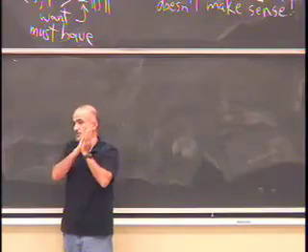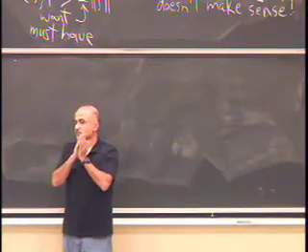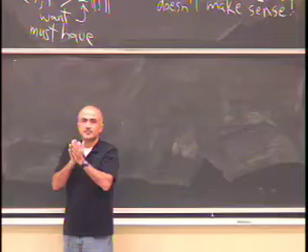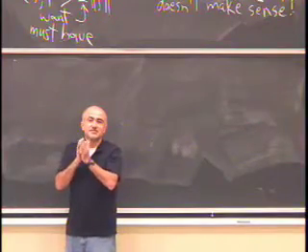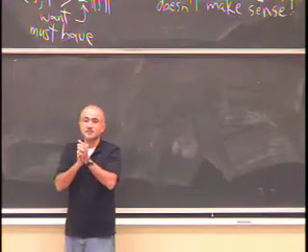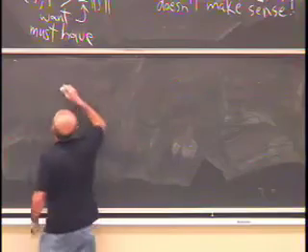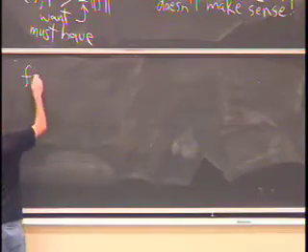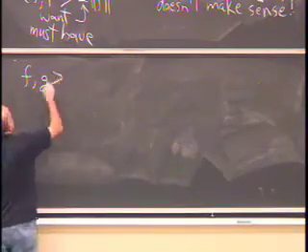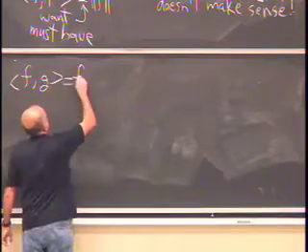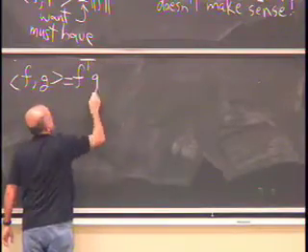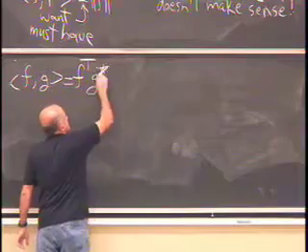You took it before? They didn't deal with complex vectors? Does anybody know? Complex conjugate of the second component. So f inner product with g, instead of it being f transpose g, you complex conjugate the second one.